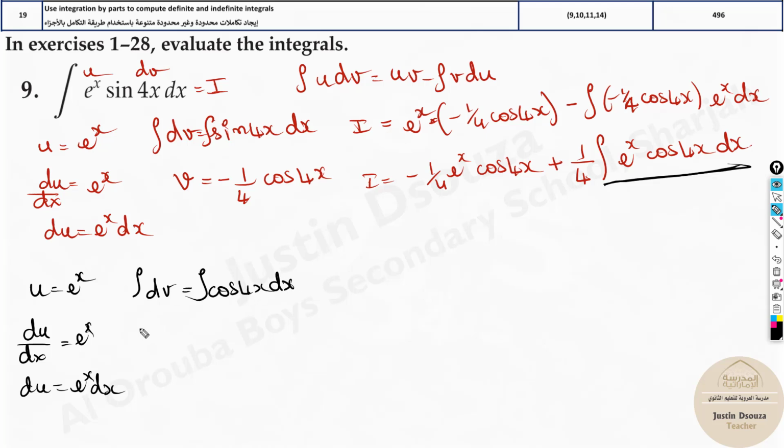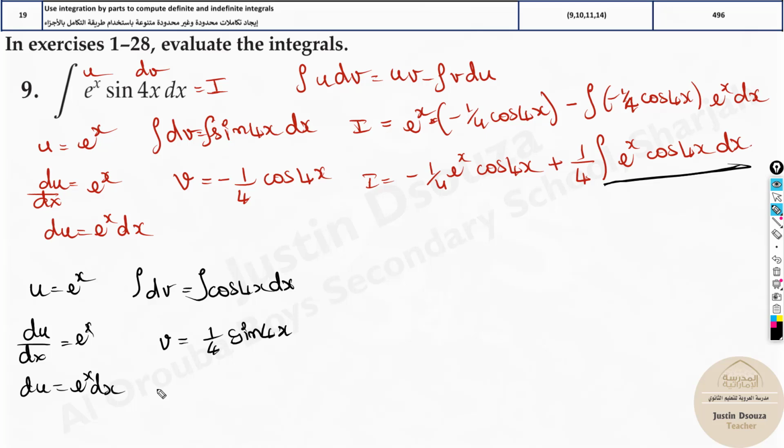Integrate on both sides, and we will get v is equal to, now here, what is the integration of cosine? It'll be positive sine, so I don't need to write the minus sign. Over here it was minus because of the integration of sine. So we have 1/4 sine 4x, that's it. And now we will put it back into the formula.